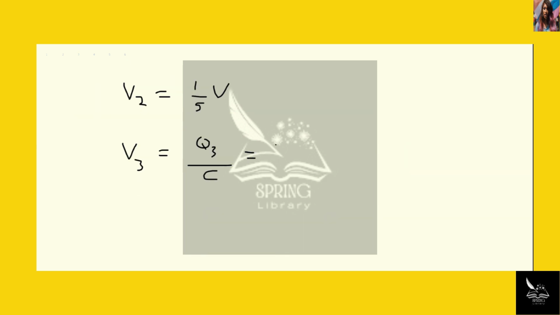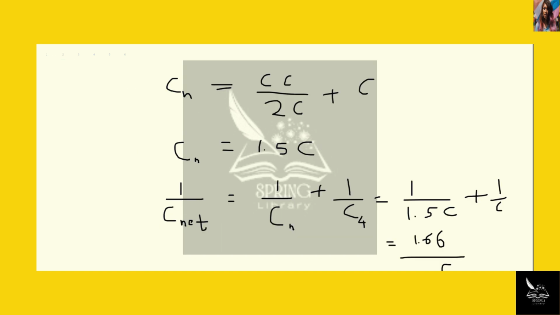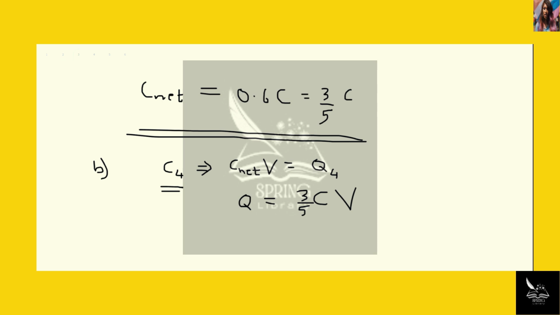So you will get 2 divided by 5 V. V4 is equal to Q4 divided by C, which is equal to 3 by 5 V. From here, let me make this Q4.